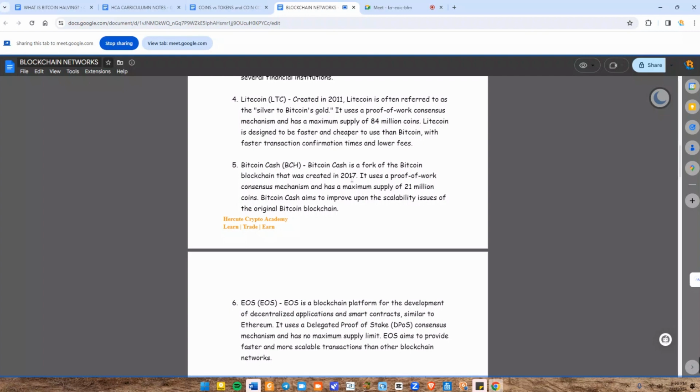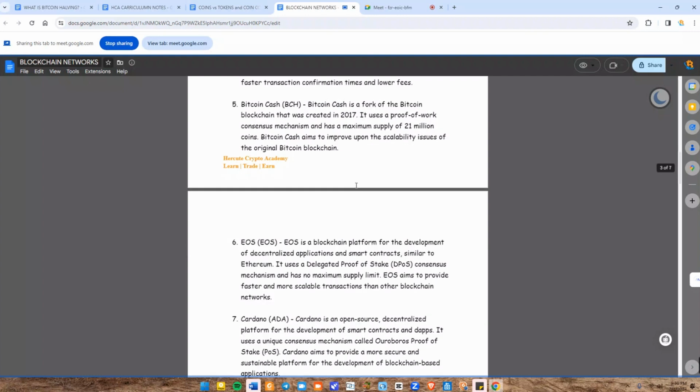Because of this disagreement between two parties, one party decided to come up with Bitcoin Cash. Like you can see, it aims to improve upon the scalability issues of the original blockchain network. So it's essentially that simple. These blockchain networks emerge out of problems that were probably found in a previous blockchain network.